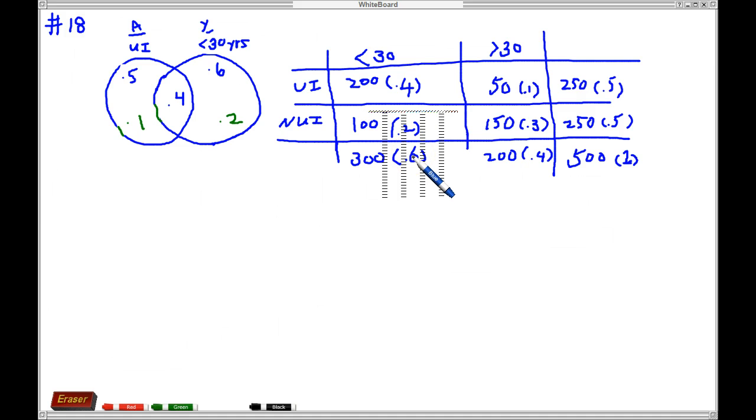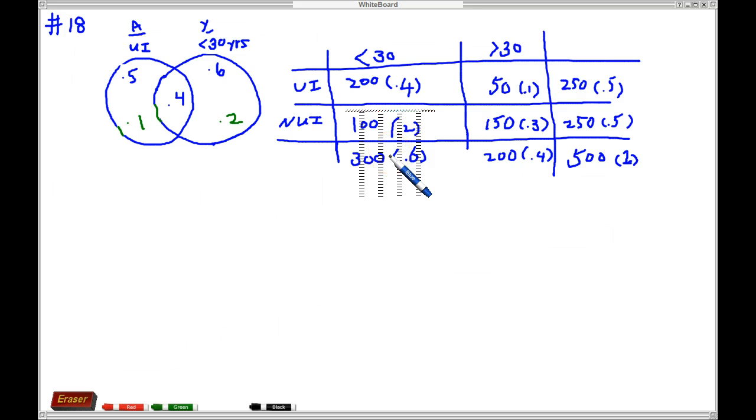Again, question number D is, what's the probability that a driver is under the alcohol influence if we know the driver is on this side? Question number E, show the joint probability, basically this one.